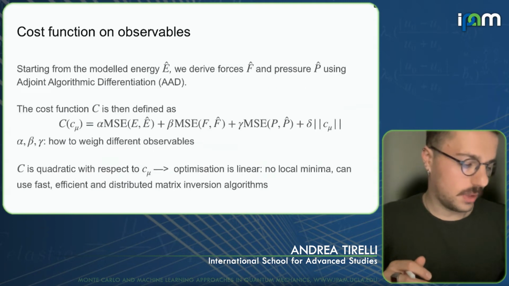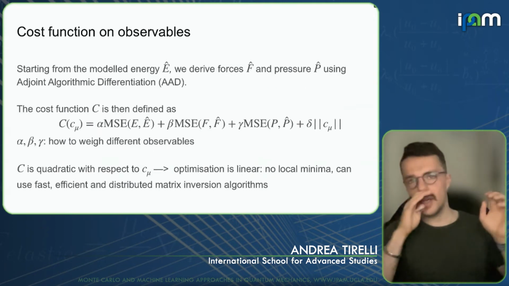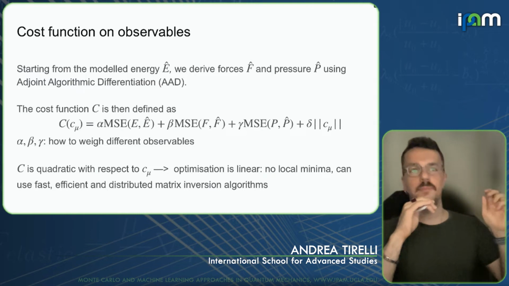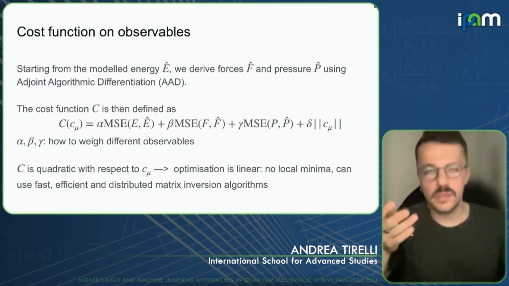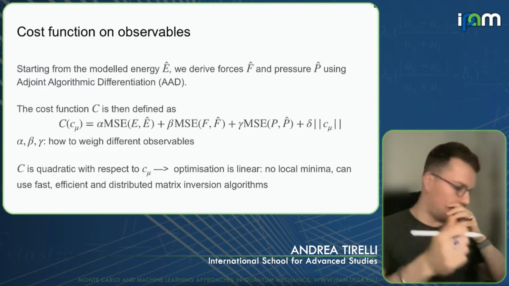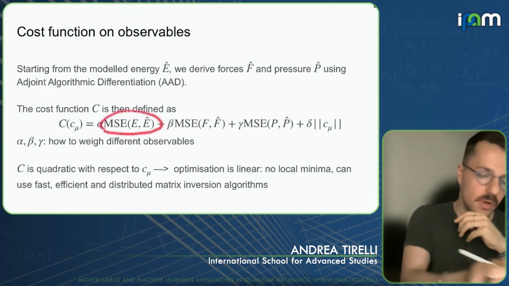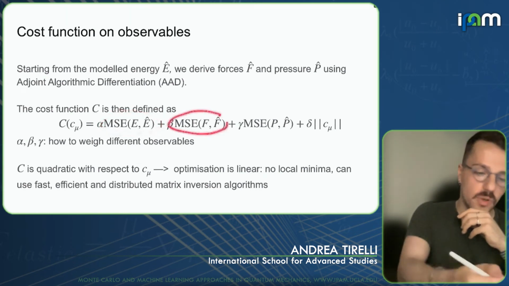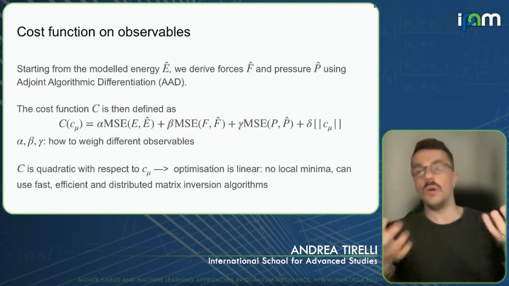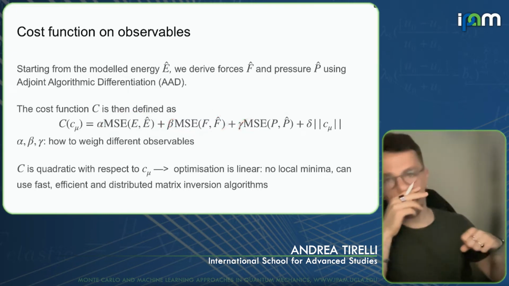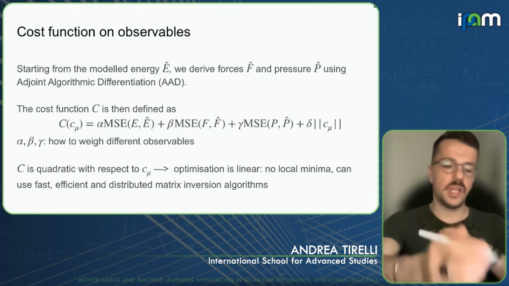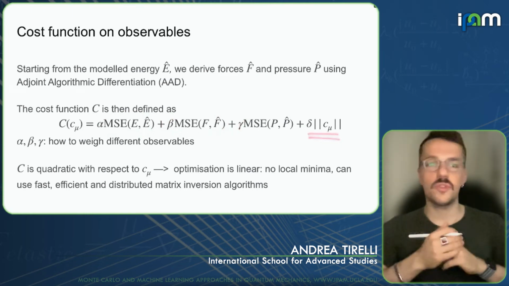Before addressing that, let me just wrap up on the technical aspects, and then I'll try to answer your question. I just want to point out that the cost function that we employ is a weighted sum of mean square errors of the observables that we want to train our machine learning model on and predict, plus a regularization term.